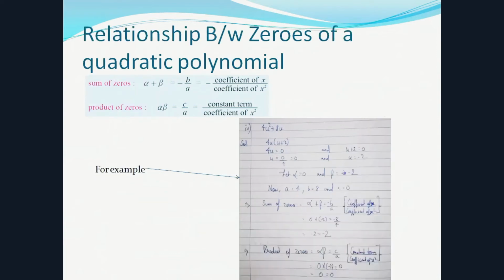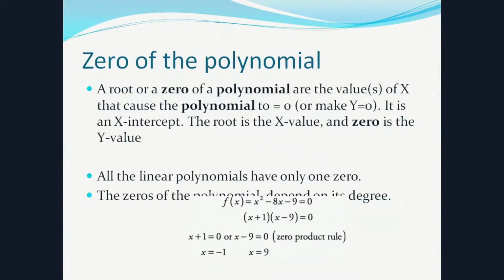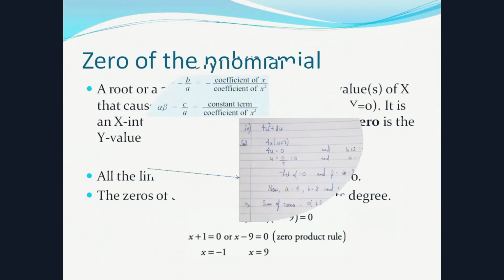Now we will study the relationship between the zeros of a quadratic polynomial. Sum of zeros. Like we got the zeros of this algebraic expression as -1 and 9, we can also consider alpha to be equal to -1 and beta to be equal to 9.